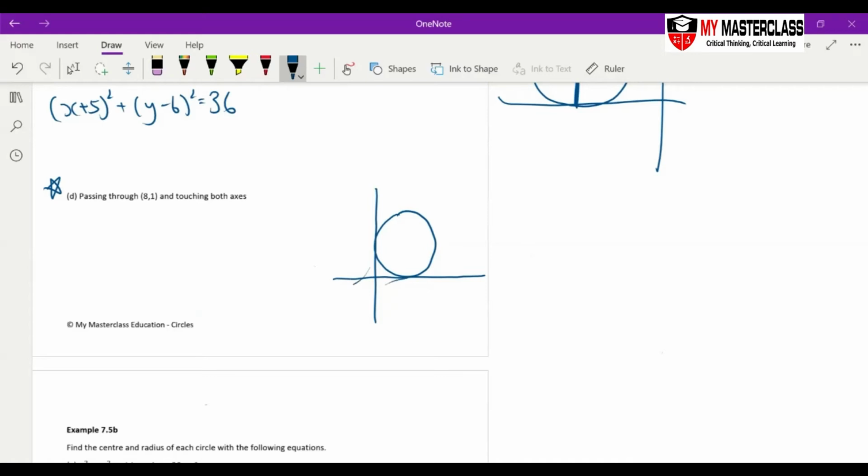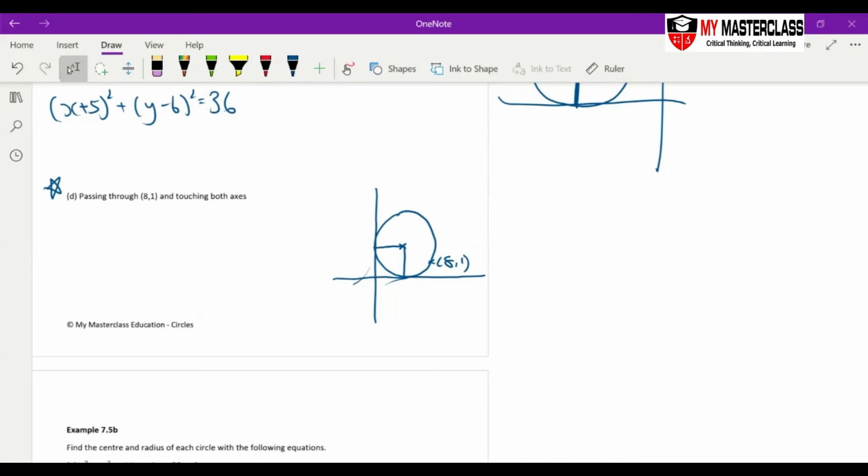There are many possibilities. There's another possibility here, and another here. So if my center is here, and it passes through (8, 1), (8, 1) maybe is here. I need to know what's the center. Now, if I touch both axes, what does it mean? It means my distance from here to here and from here to here is the same.